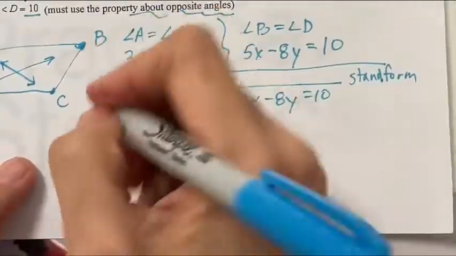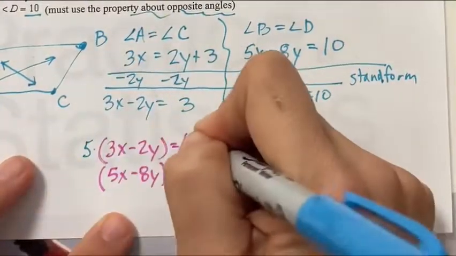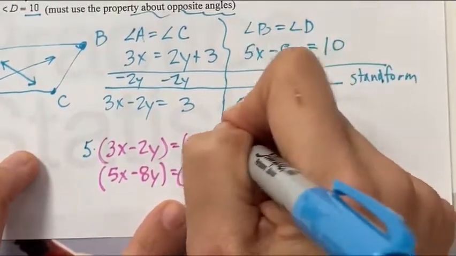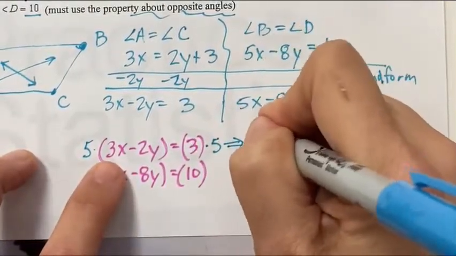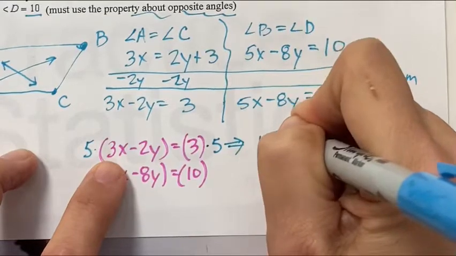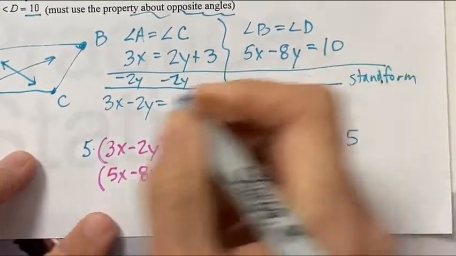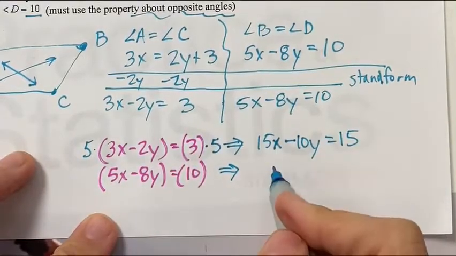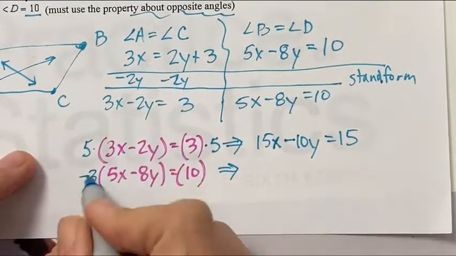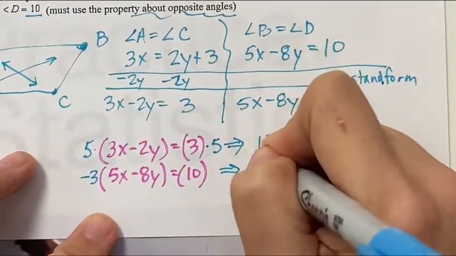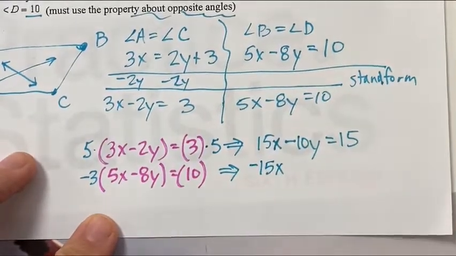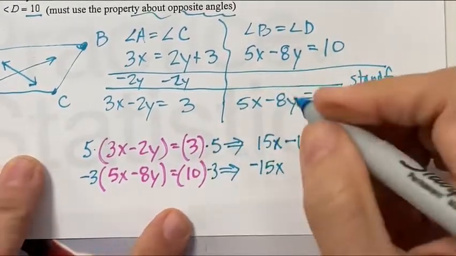So I'm going to multiply this side by 5, and I've got to multiply that side by 5, right? So I get 15x minus 10y is equal to 15. And then I want this 15x to cancel, so I'm going to have to multiply by a negative 3. So let's multiply both sides by negative 3.